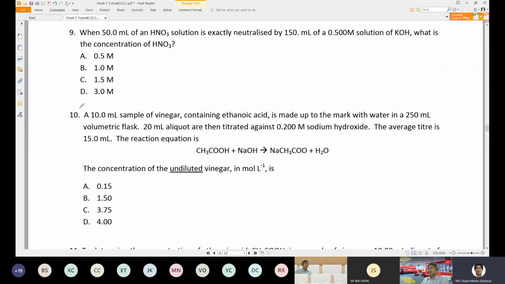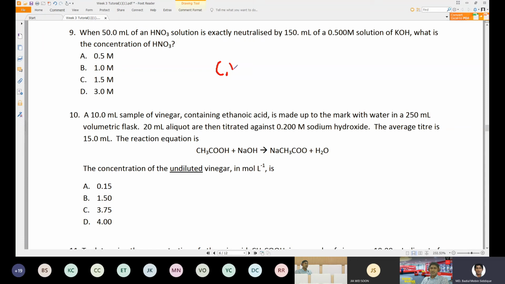Okay, now it is much wider. When 50 milliliter of nitric acid solution is exactly neutralized by 150 milliliter of 0.5 molar solution of potassium hydroxide, what is the concentration of nitric acid? Now it is a titration question, a neutralization question. So we can easily use C1, V1, C2, V2.